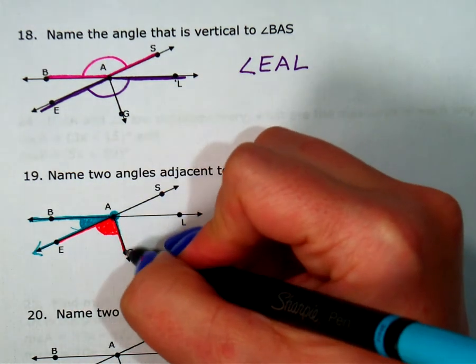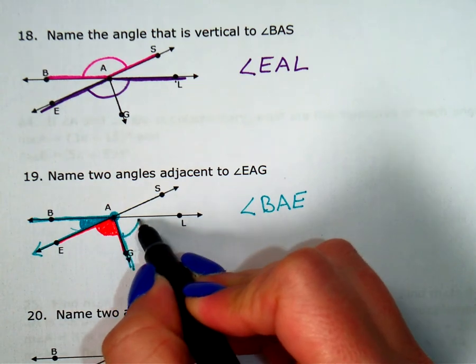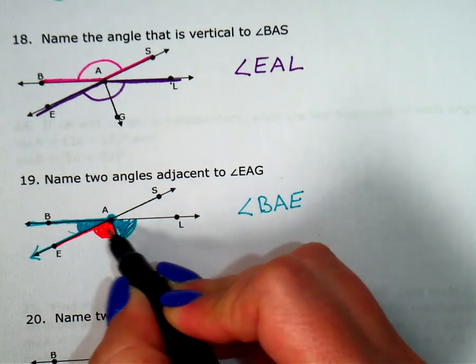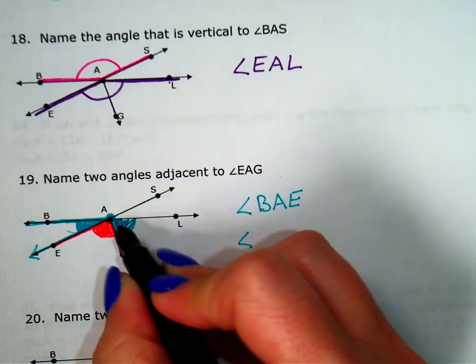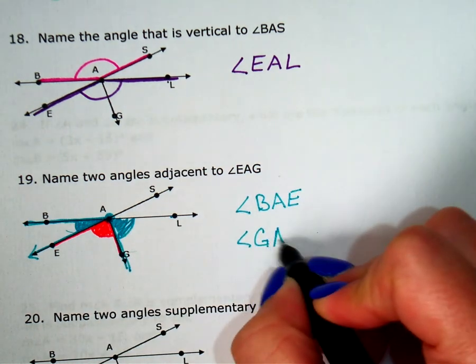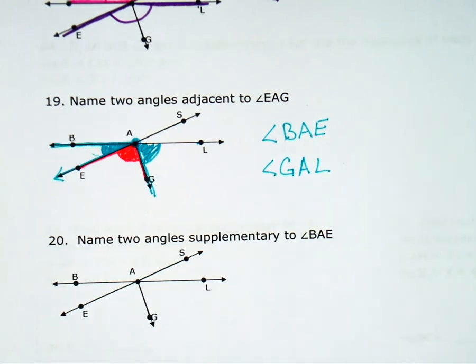I'm going to use this ray, and I'm just going to choose the other angle on the other side of it. That's the other adjacent angle to this red one, right? Both of these are next to the red one. So angle GAL or LAG, whichever you want to call it, as long as the A is in the middle and the G and the L are surrounding it. Okay?